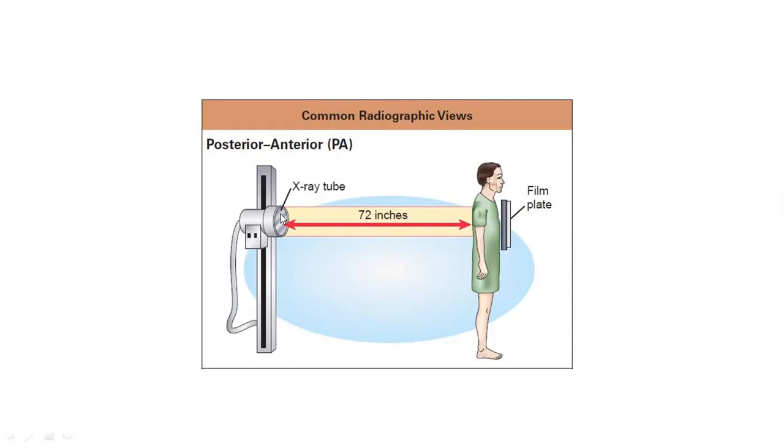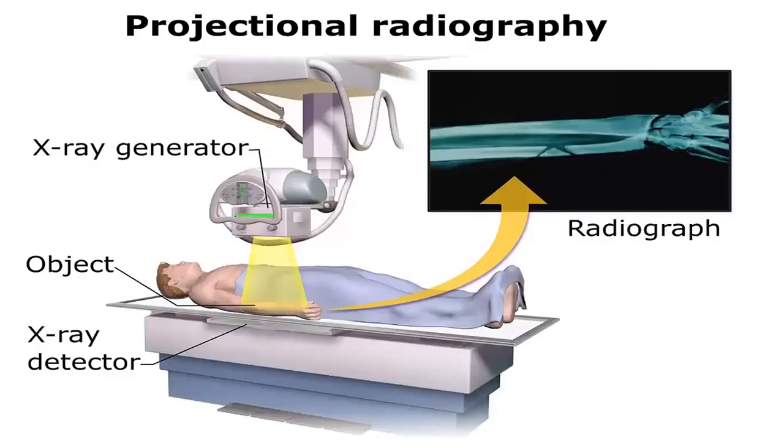And this is the film plate where the X-ray film is placed, and the beam of rays passes from behind. When they enter this film plate, here is a film. So the X-rays of this patient are taken.